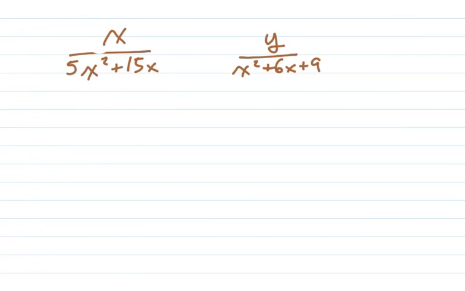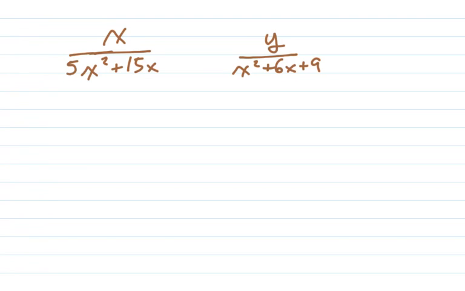Okay, so I have these two rational expressions here. They're a little bit different. Instead of 6 and 8, I have these polynomials. But I'm going to break those polynomials up into their prime factors, just like we did with 6 and 8. And then we're going to pick the pieces that we want for the LCD.